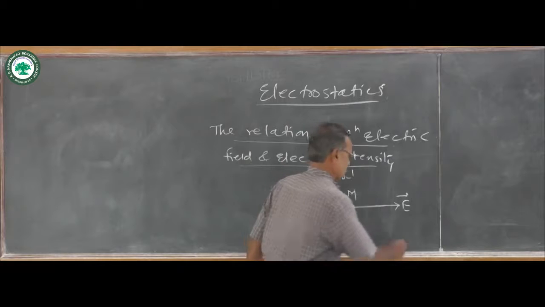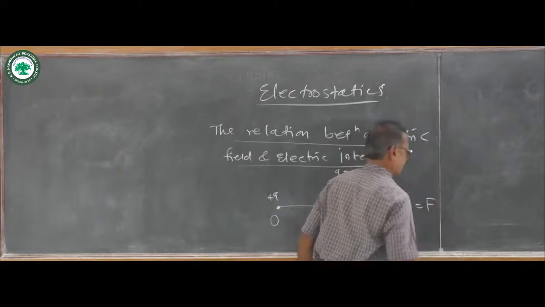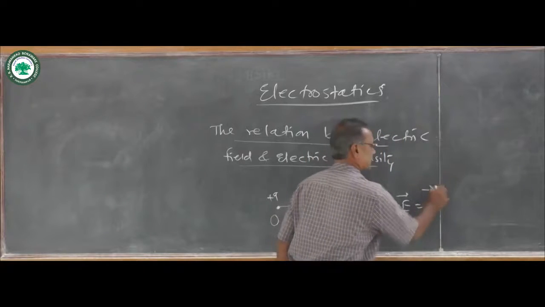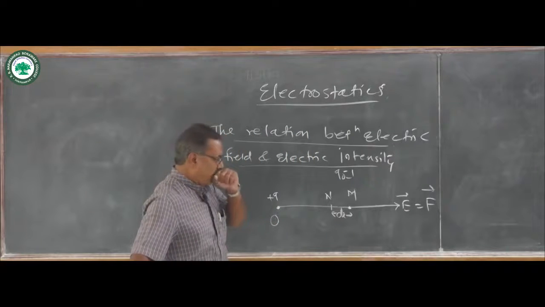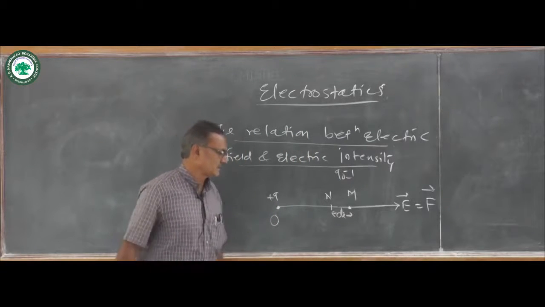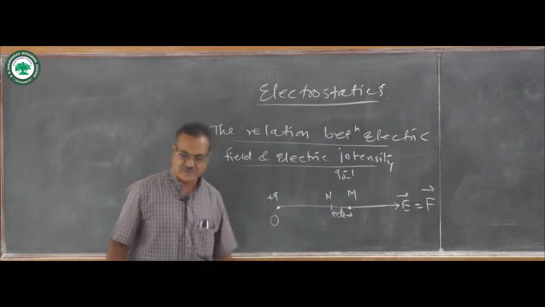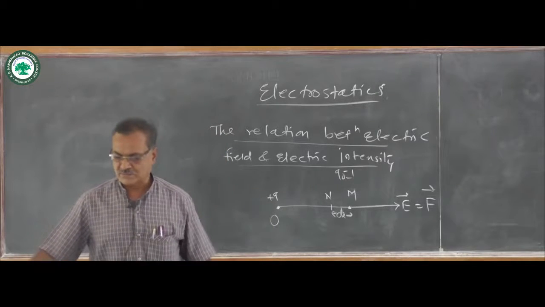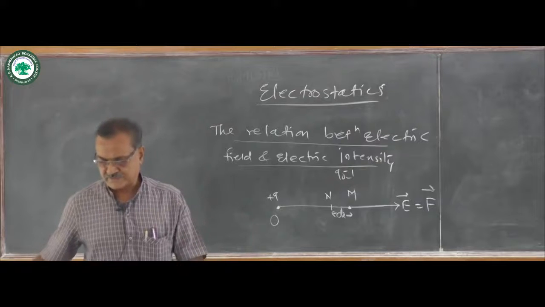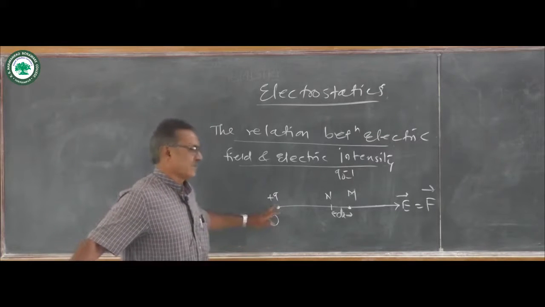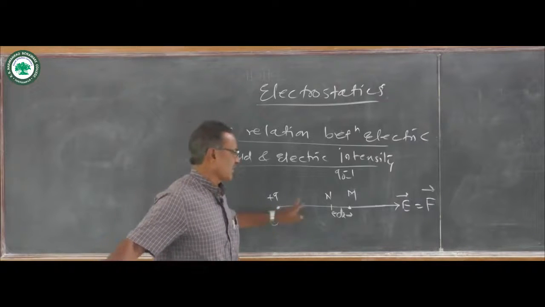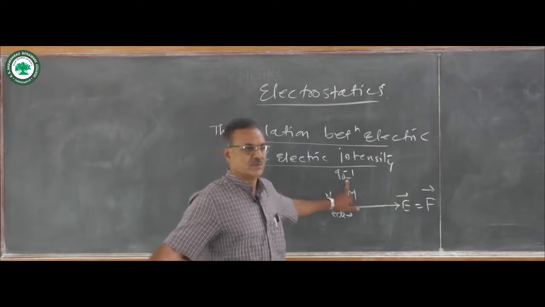So therefore, force and electric intensity are along the same direction. Now, the charge is displaced from point M to point N through a distance dx. Then the work is done against the direction of the force exerted by charge Q on the charge Q0.